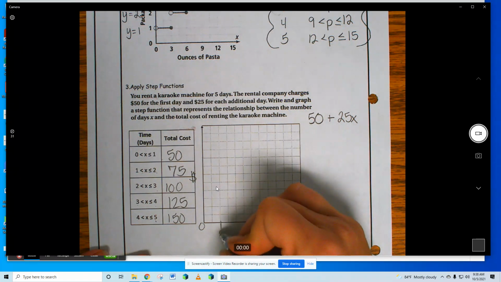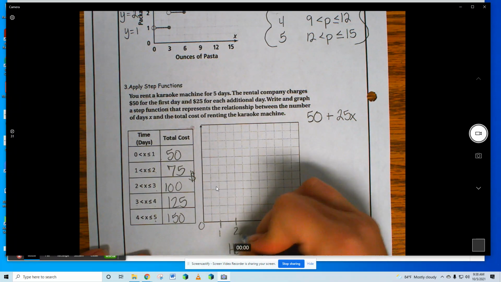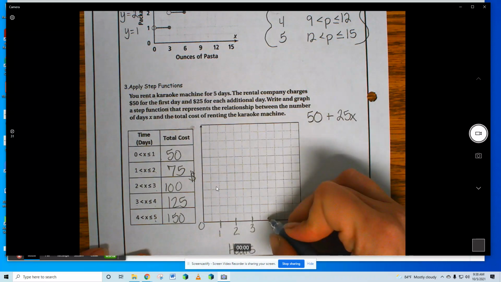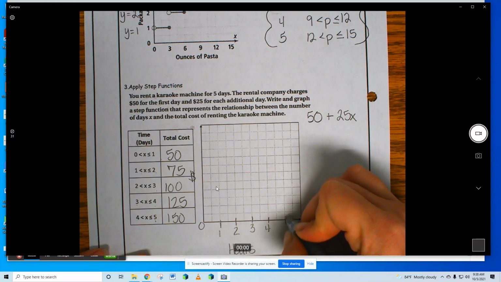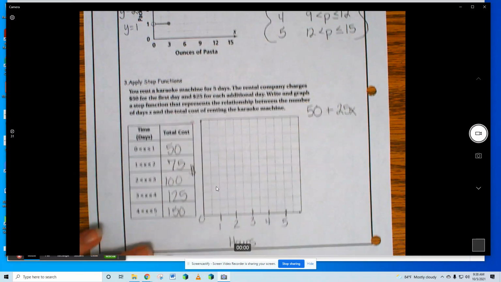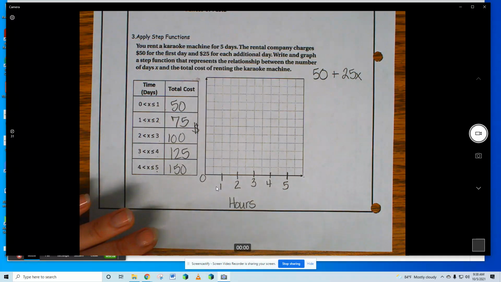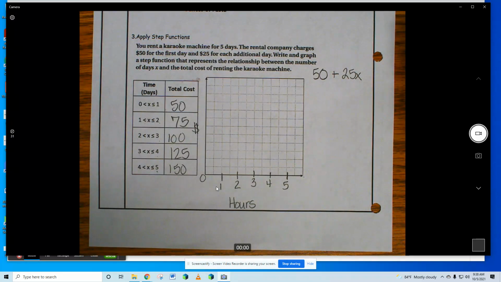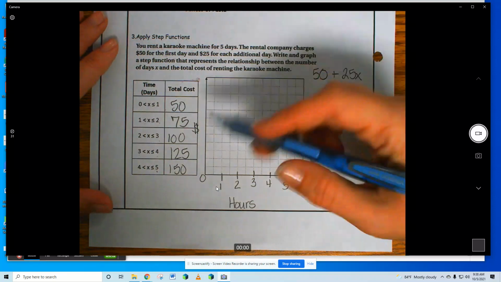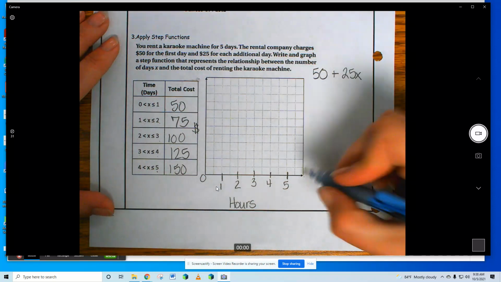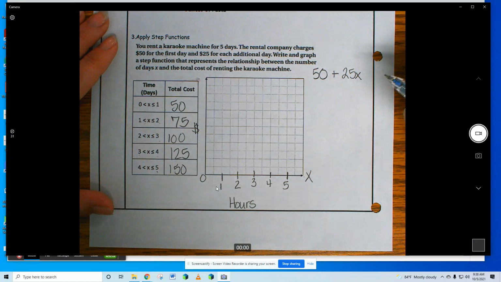Every 2 boxes will be 1 hour. Okay? Money. The highest amount of money I have to pay is $150. So every 2 boxes is an hour.